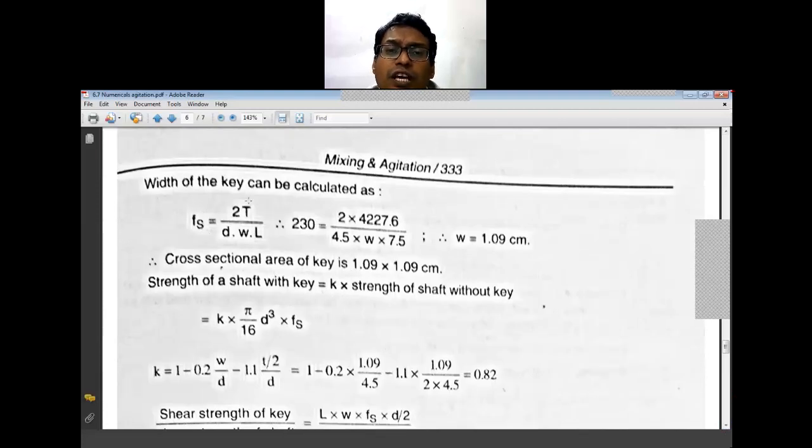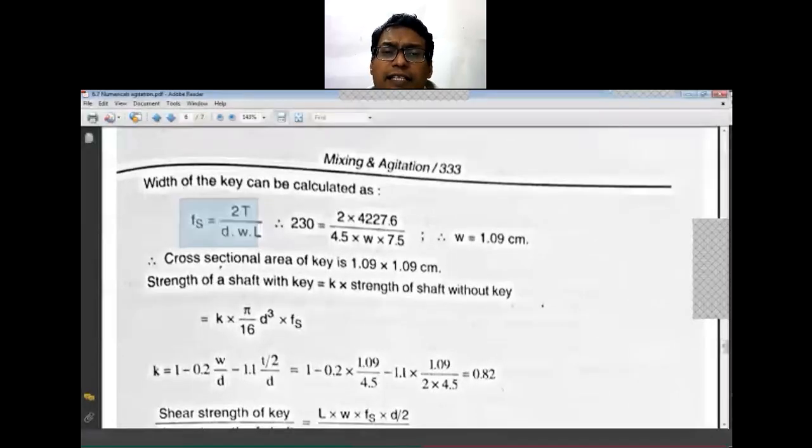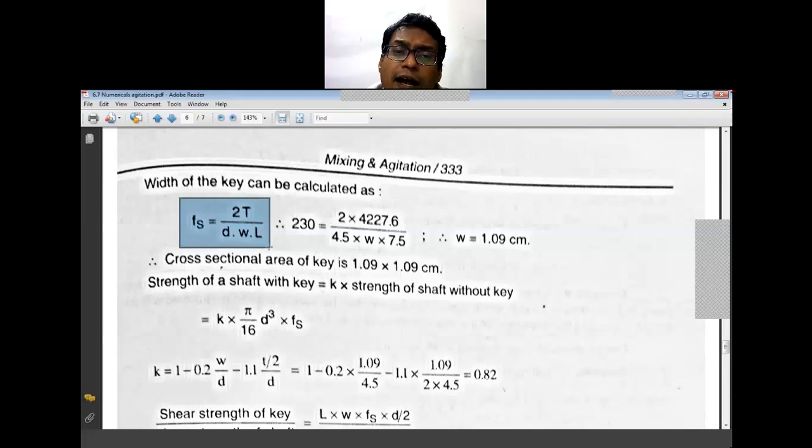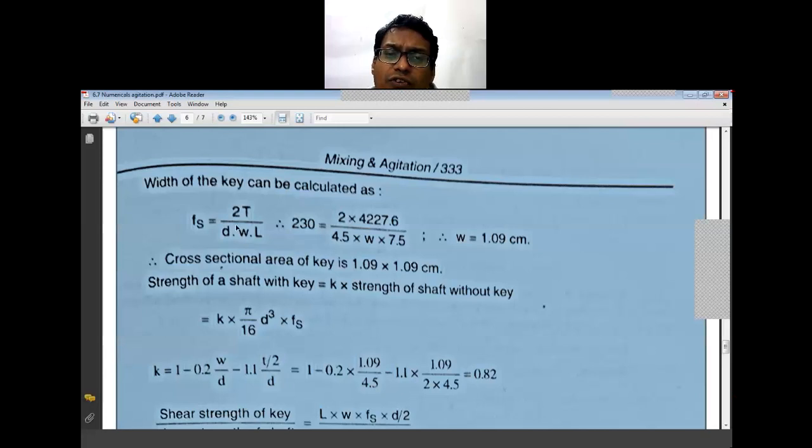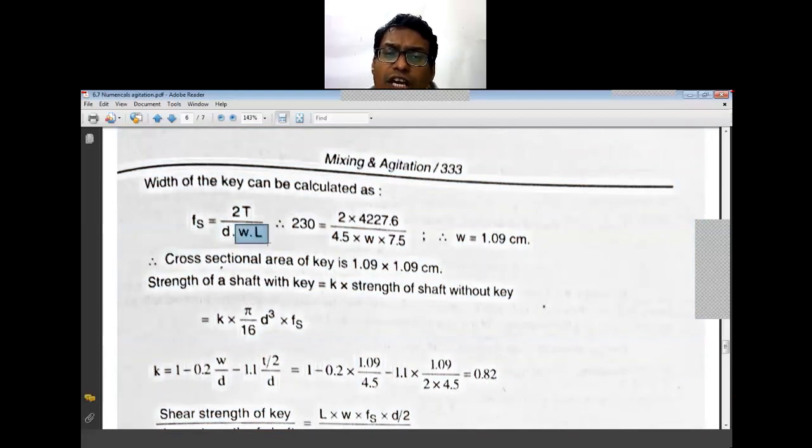So the width of the key can be calculated from Fs into 2T upon d into W into L, which is equal to the shear stress into the area. The area of the key is W into L, into the shear stress.